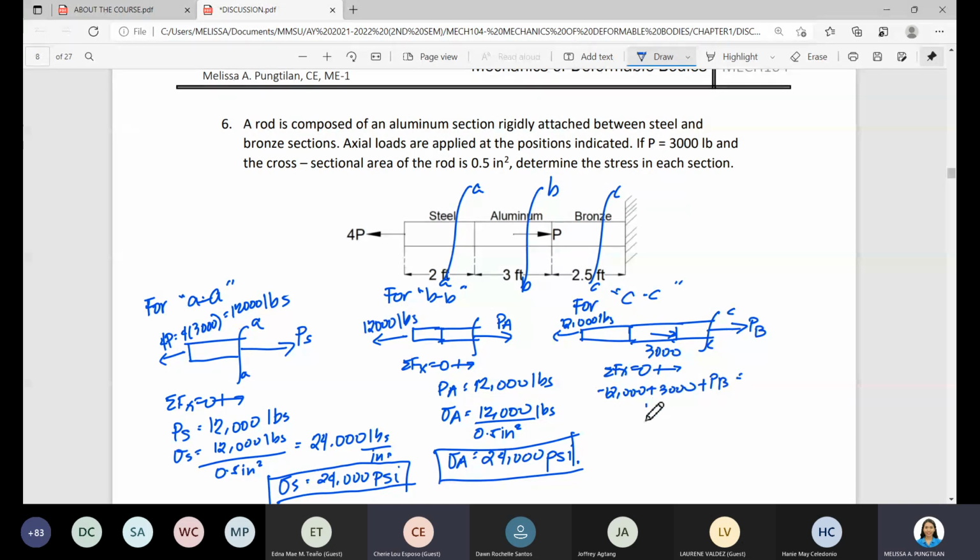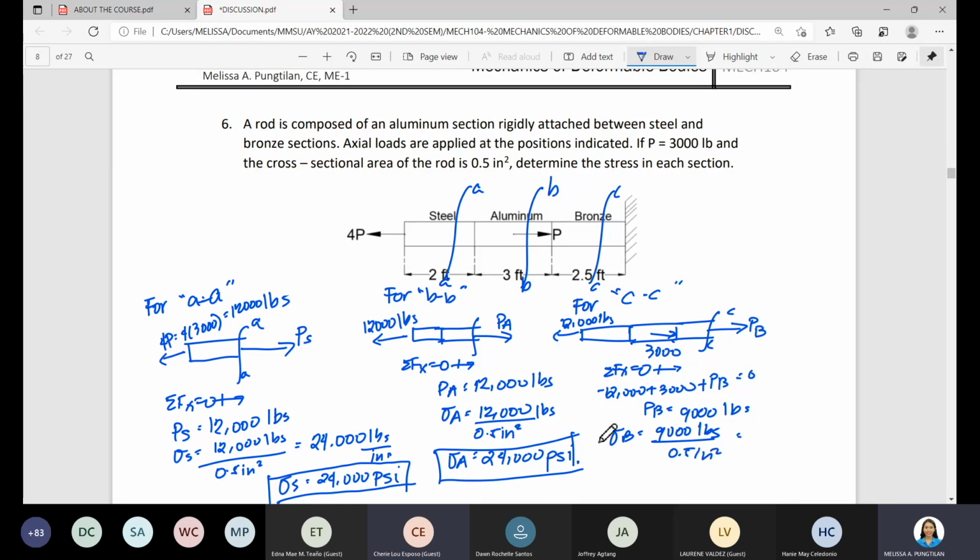So PB is equal to 9,000 pounds. And stress at B is equal to 9,000 pounds all over 0.5 square inches.